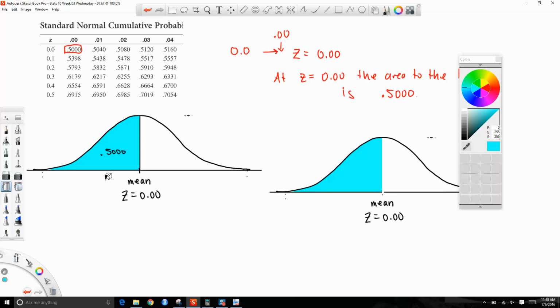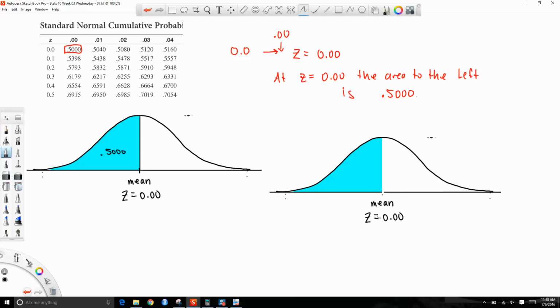Instead of z at 0, let's say I move it over to z equal to 0.12. So I move it over 12 hundredths of a standard deviation to here. So z is now at 0.12, and I'm going to shade everything to the left.